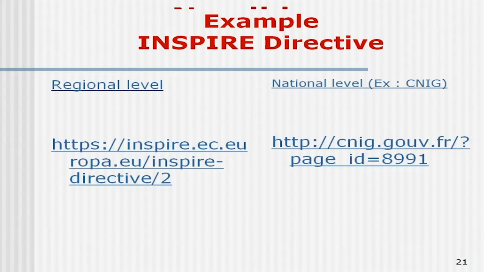For example, in France, it's the CNIG, the National Commission for Geographic Information. This is what I referred to in Namibia, the Secretariat for the NSDI, and the role of this Secretariat is very important.